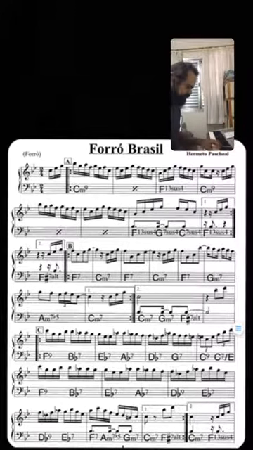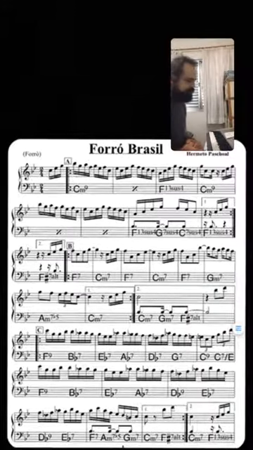Again. Okay, this is the original melody of the first part.